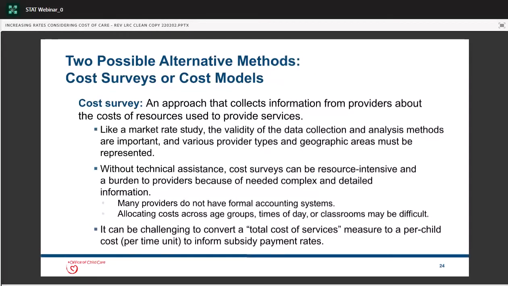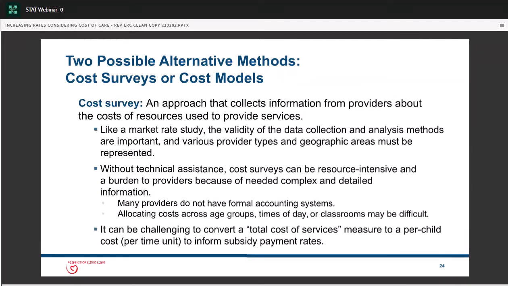Providers may not have the data requested on their costs or have difficulty responding accurately or providing backup documentation. Providers may have difficulty calculating costs by age of child, as they may capture costs in an aggregate. And in turn, it may be difficult to estimate costs per child or per child hour.